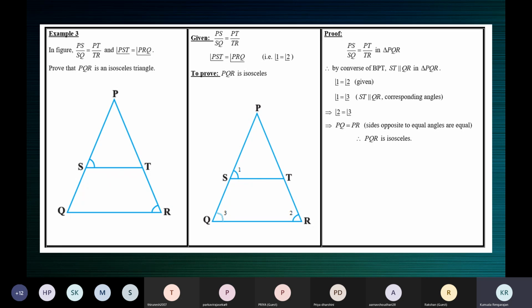It can also be just a number. You will have expressions for PS, SQ, PT and TR, and the question will be to find the unknown variable. So you must write, since ST is parallel to QR, by BPT, PS by SQ is equal to PT by TR. Then substitute the expressions, cross multiply, solve and find the value of the variable.